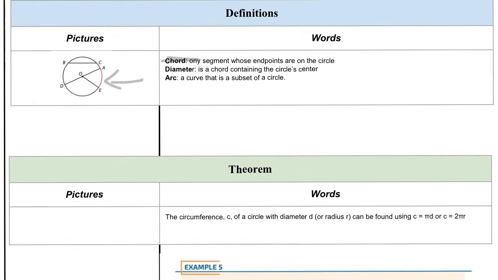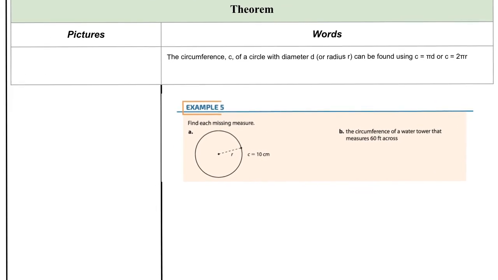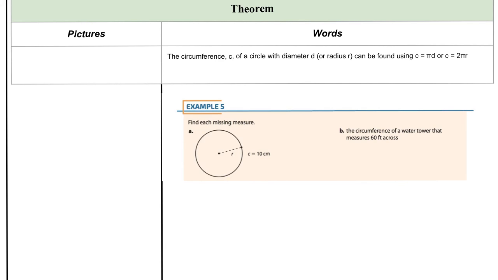All right. Our last theorem of the day is that the circumference C of a circle with diameter d or radius r can be found using the formula C equals pi d or C equals 2 pi r.